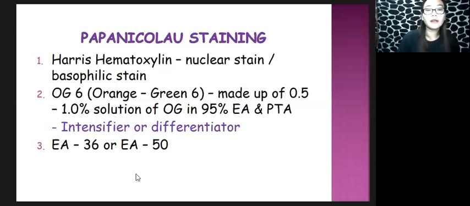Those are the components of your Eosin Azure. After immersing it here, you have to immerse it again in your 95% alcohol, and then finally, you have to make use of 2 changes of xylene.